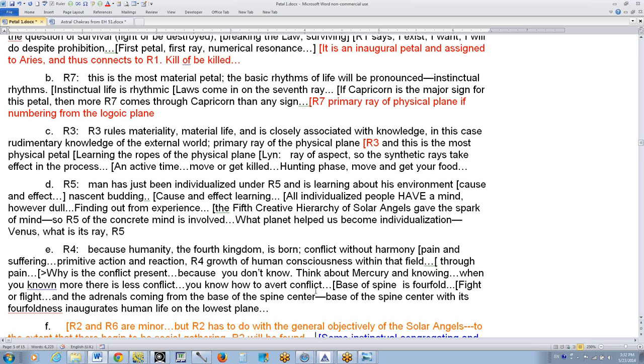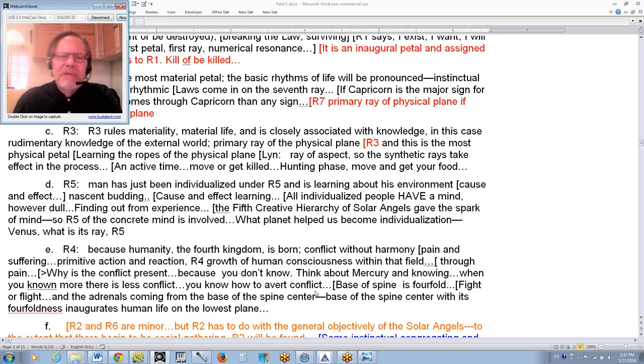So the base of the spine with its fourfoldness inaugurates human life on the lowest plane. And we could go on with this, and probably in the past, as we've been talking for these hours on this subject, have said other things. But this is definitely a conflicted period.